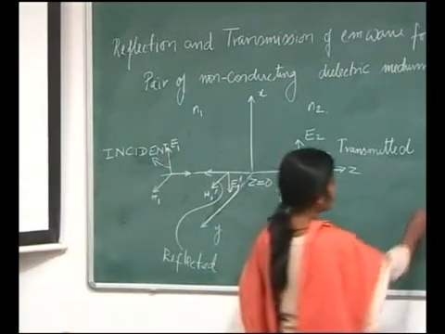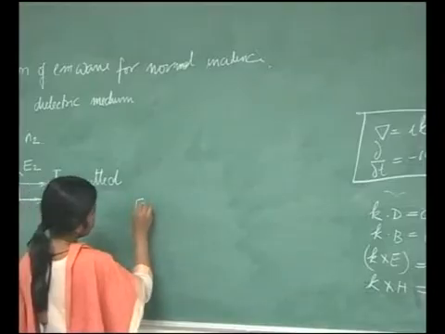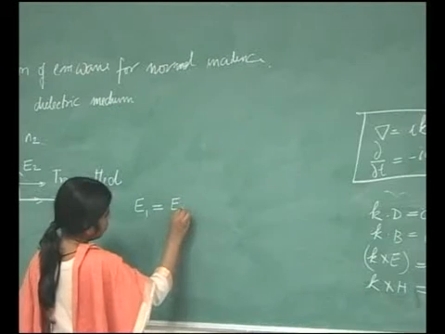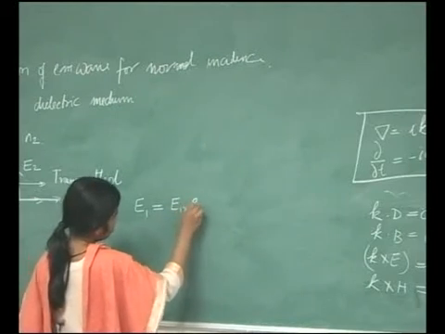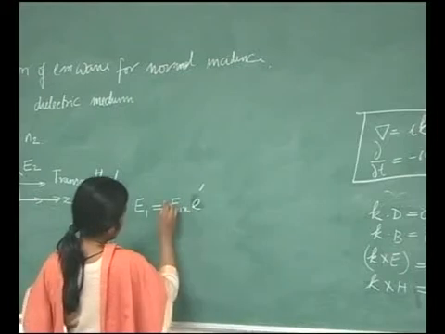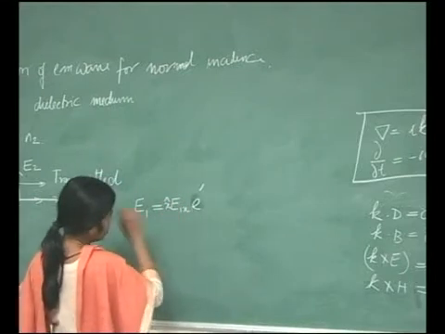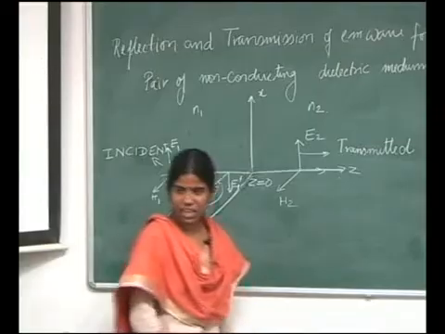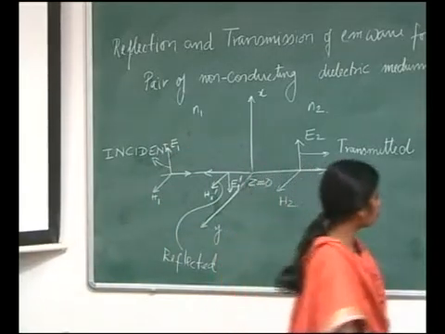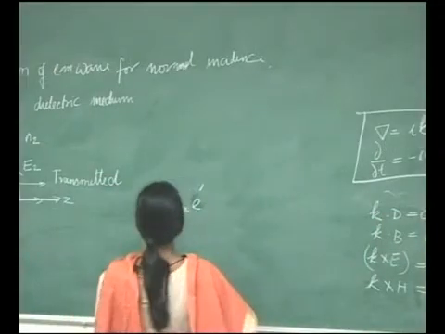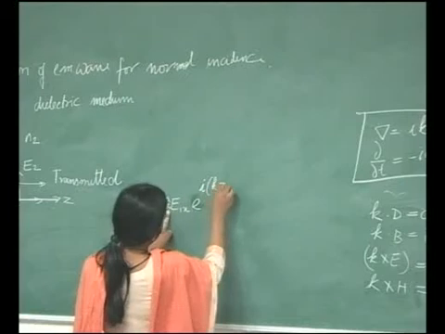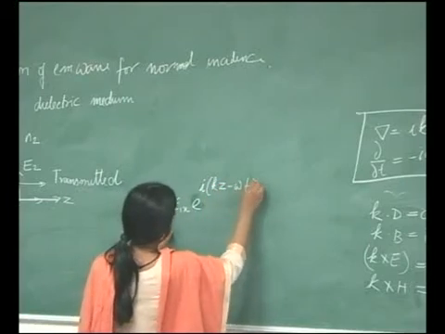So, I can say that E1 is equal to some amplitude E1x times x cap, I am not going to use i, j, k, because now the i also is the imaginary i, so this is x cap e to the power i(kz minus omega t).